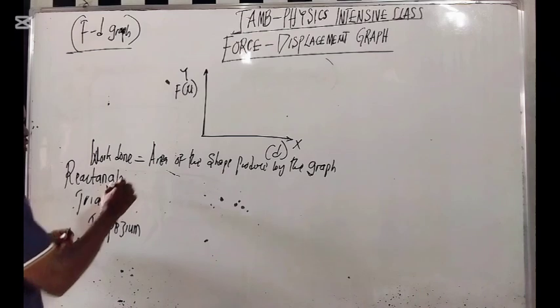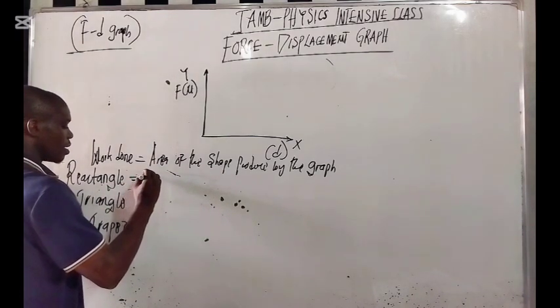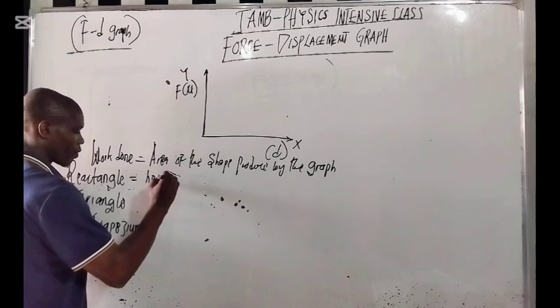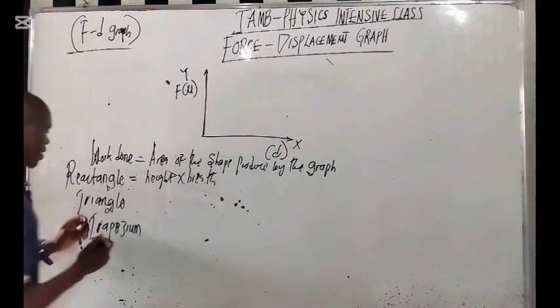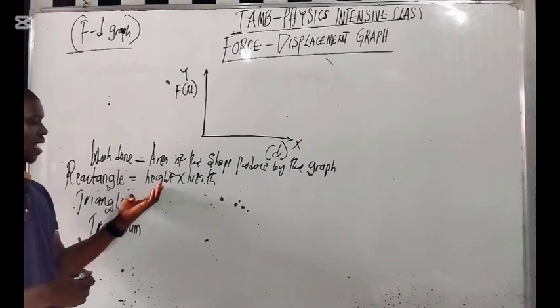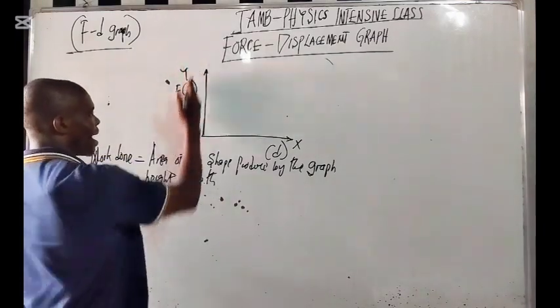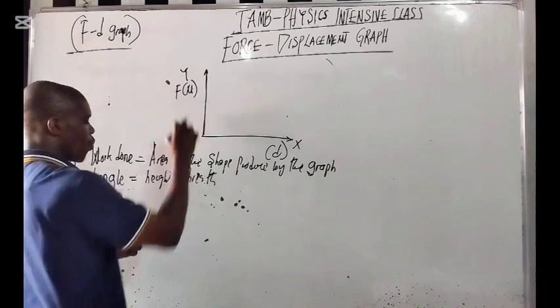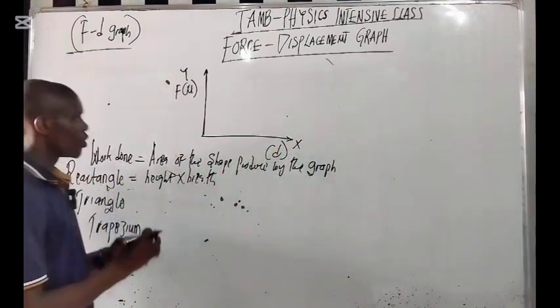The area of a rectangle is height times breadth. The height is the y-axis, so the F, while the breadth is the s, which is the distance. Understand that.